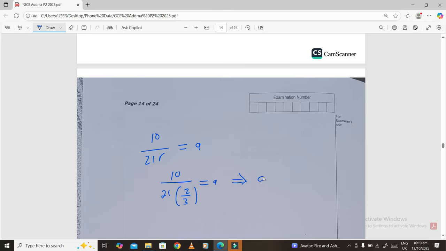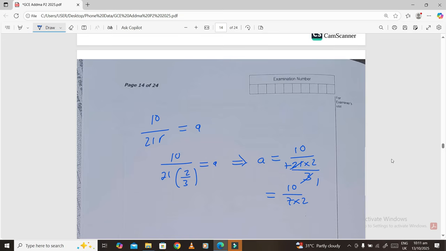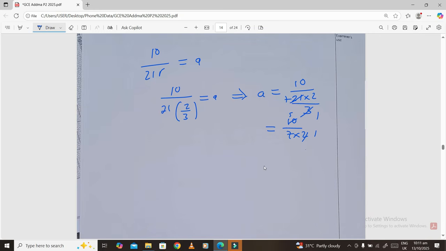When you multiply here, 3 into 3, 1, into 21, it will give us 7. So that's 10 over 7 times 2. And here we can say 2 into 2, 1, into 10, it's 5. So the value of a will simply be equal to 5 over 7.